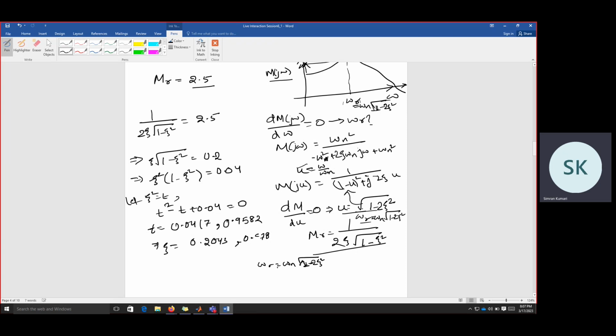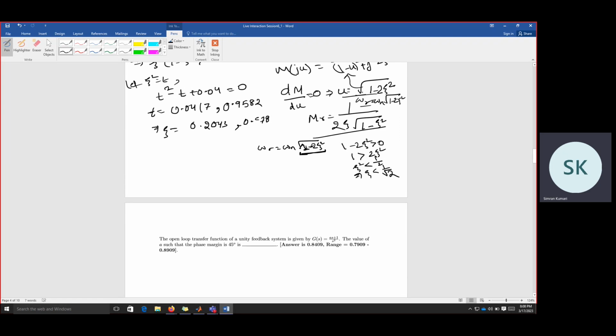Now this resonant frequency would be a real number, obviously, so for that this should be greater than 0. So 1 minus 2 zeta square should be greater than 0. This means 1 is greater than 2 zeta square, so zeta square is less than 1 by 2. This implies zeta is less than 1 by root 2.